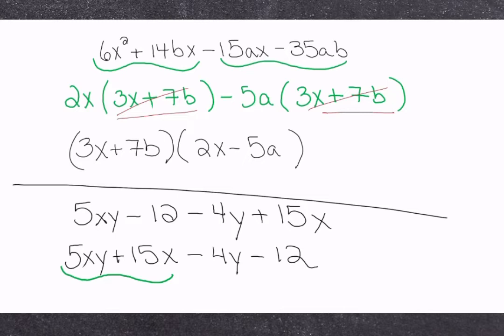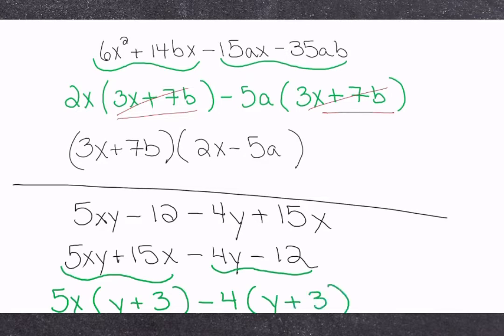The first two terms I can take out 5x, and I'm left with y plus 3. And then for the last two terms, I can take out a 4, but we're going to make it negative 4 because I need to be positive. So negative 4, and I'm left with y plus 3 again.